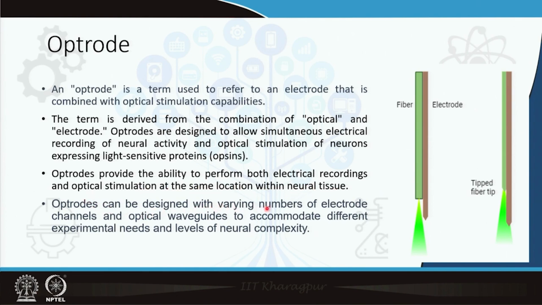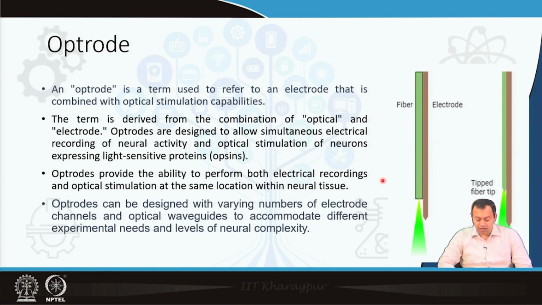Optrodes can be designed with varying numbers of electrode channels and optical waveguides to accommodate different experimental needs, combining together an optical fiber connected with some sort of metallic wire. Whatever the optical fiber is triggering, the light is triggering, results in change of the electrical potential that is then measured by these metallic wires.